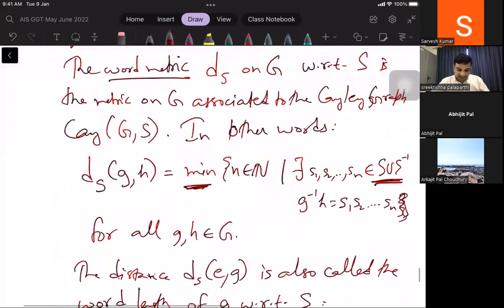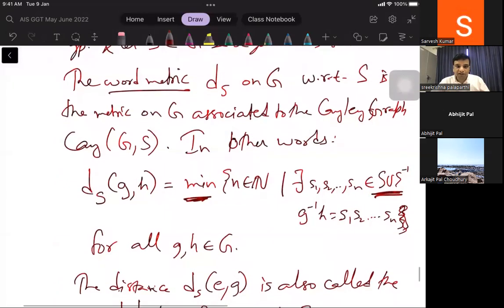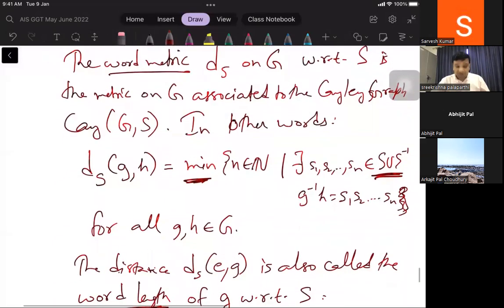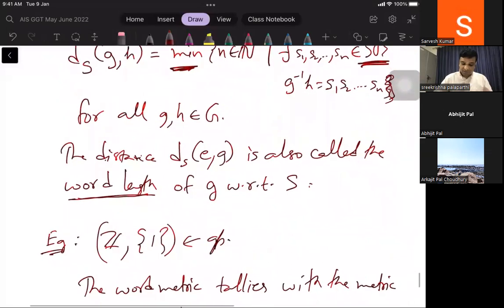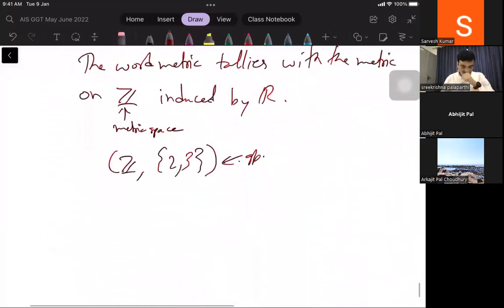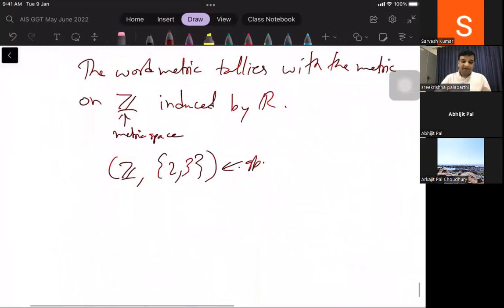So these Cayley graphs are not actually isometric, that we saw.